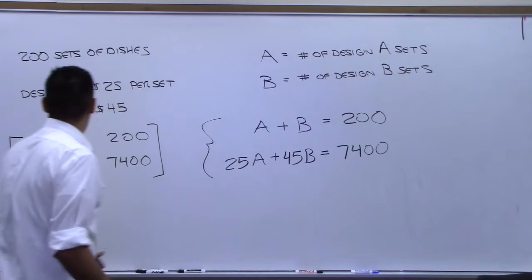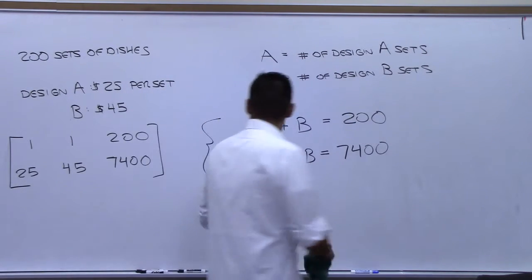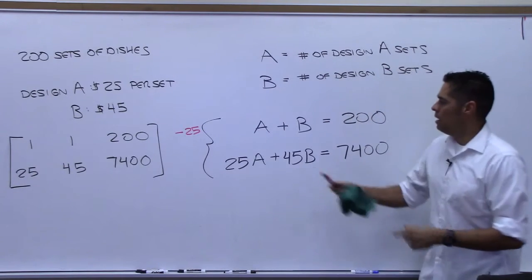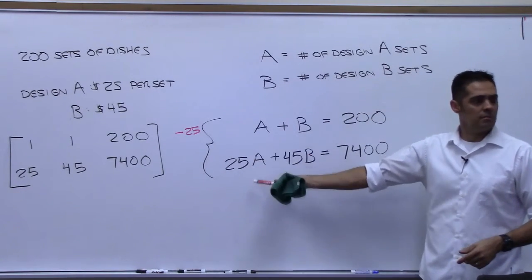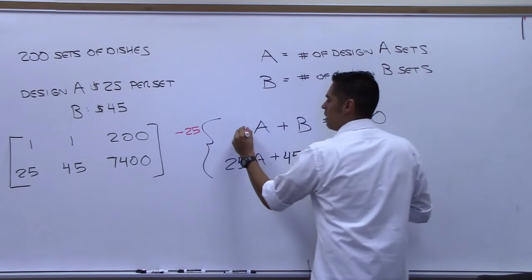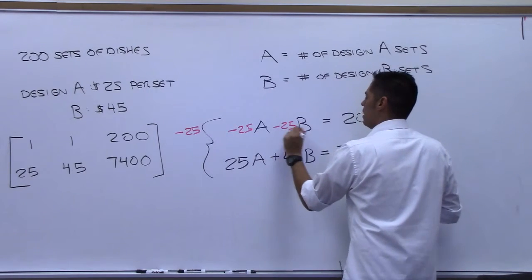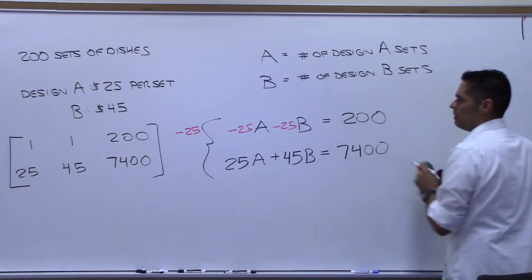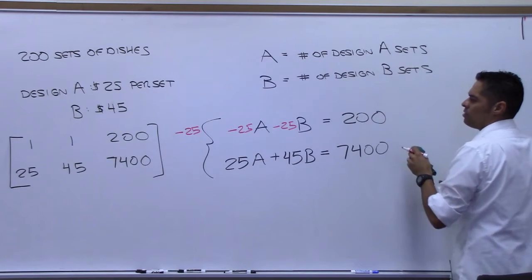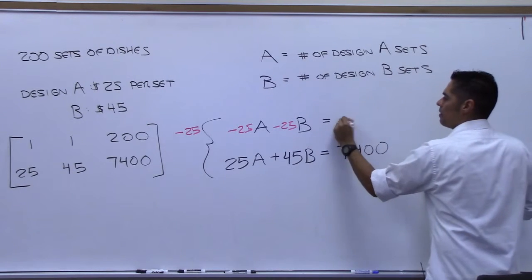I'm actually going to work it out by hand. I'll multiply the top one by 25. I'm doing elimination to clear out the A's, so I multiply the top row by negative 25. When I do that, I get negative 25A, minus 25B, and over here, 2 times negative 25 is 50, so this is negative 5,000.